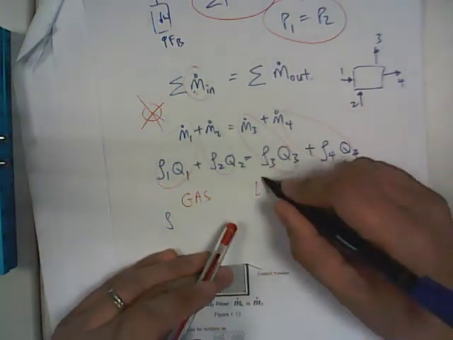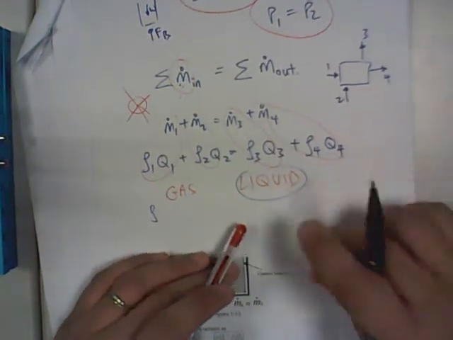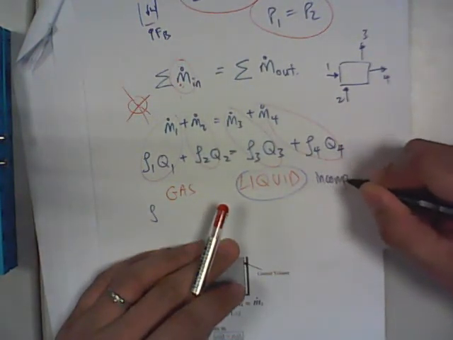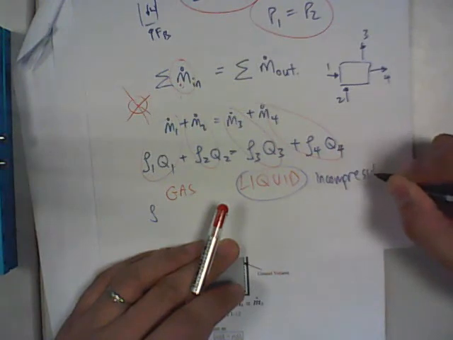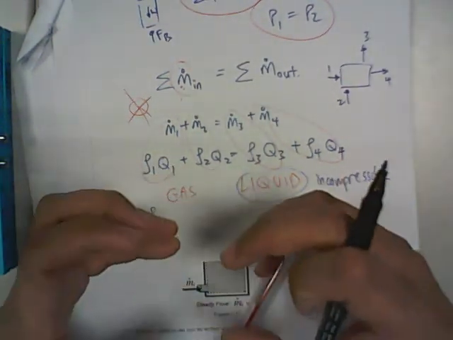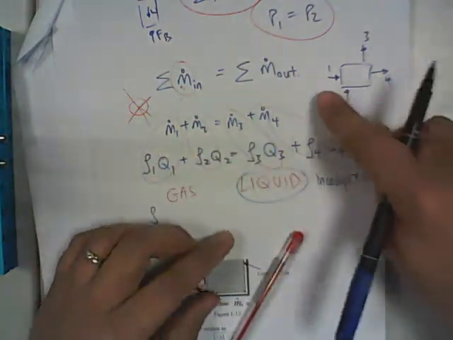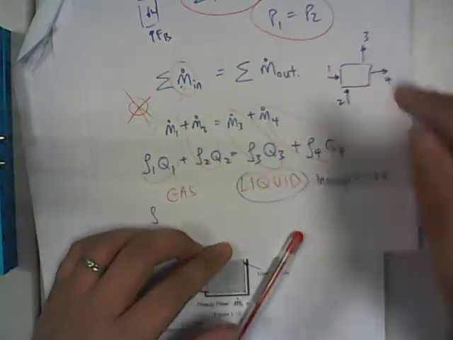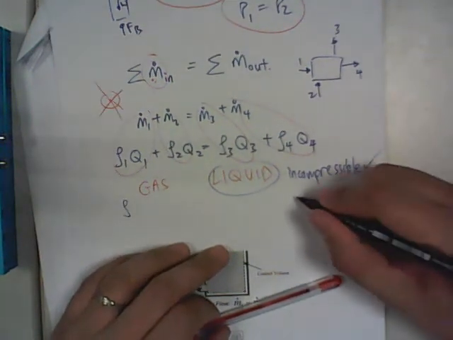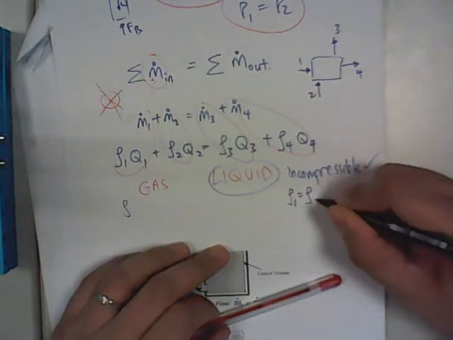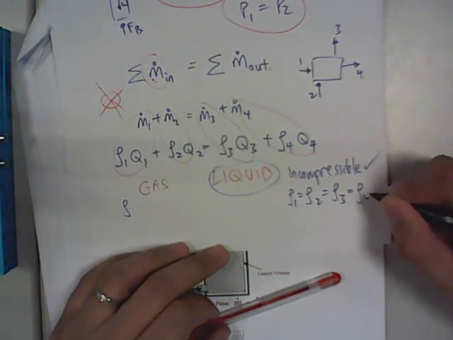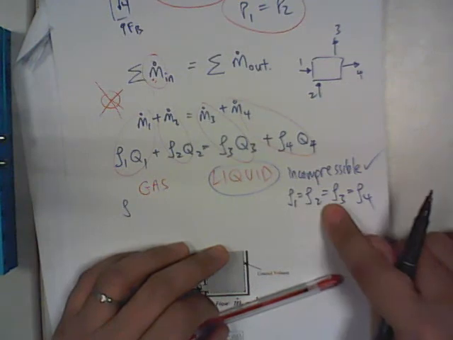But for liquids, usually our assumption is that liquids are incompressible, meaning the density does not change as it flows from one place to the other. So my densities are all the same: rho 1 is rho 2 is rho 3 is rho 4.